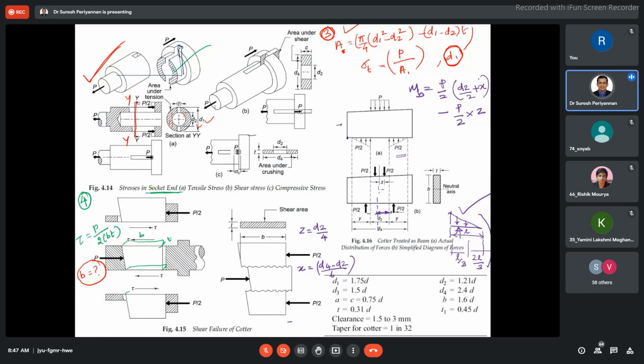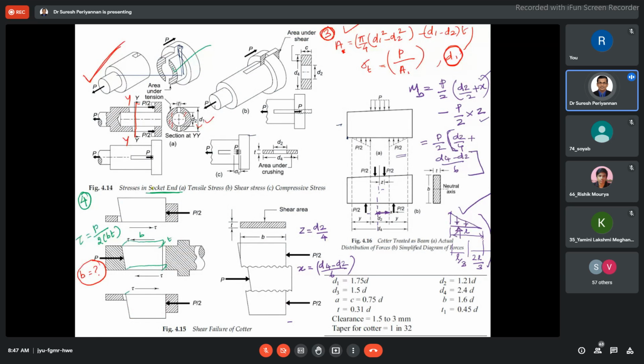Now substitute the X value and Z value here. Finally, we are going to get the bending moment equal to P by 2 into [D2 by 4 plus (D4 minus D2) by 6]. This is the bending moment we are going to get.